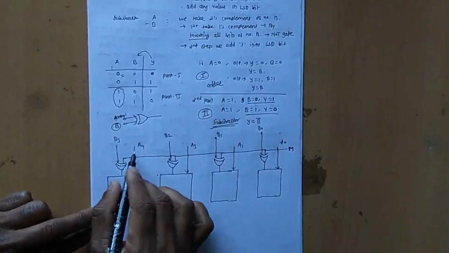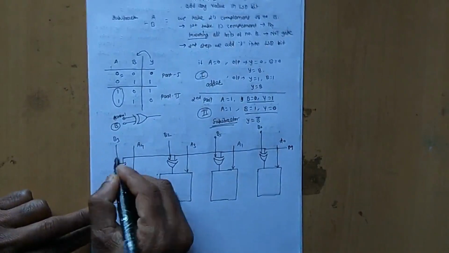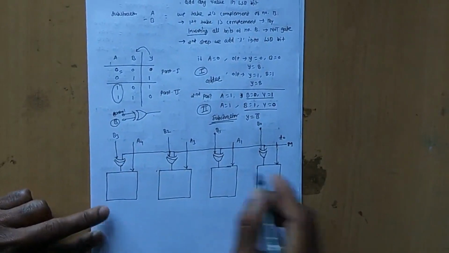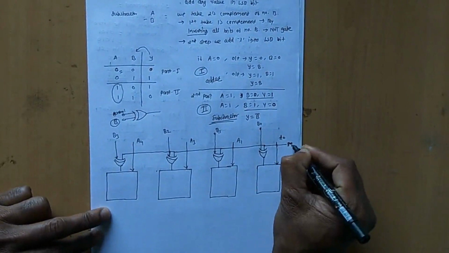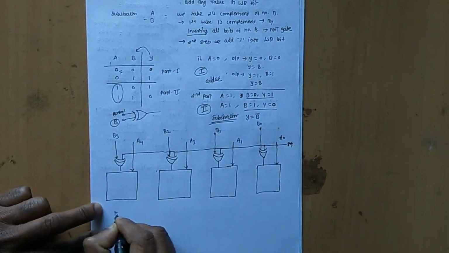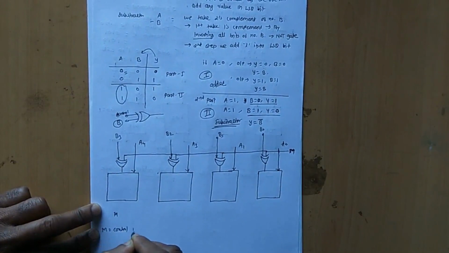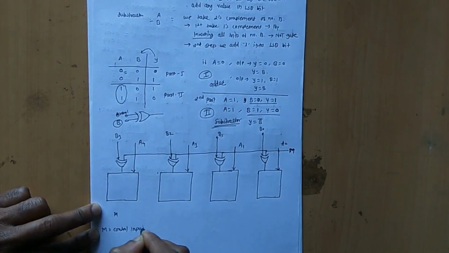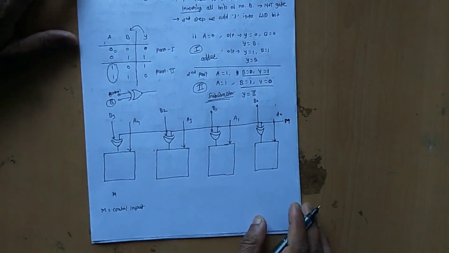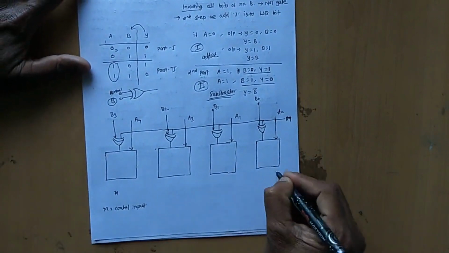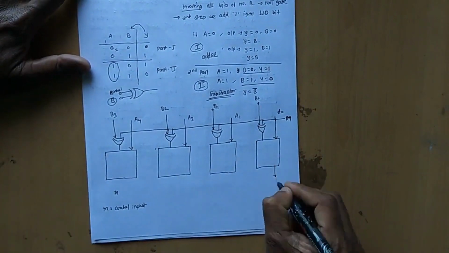In this way we also conclude for B3. So after getting this, we can assume M as a control input. What is the function of M, how it works, let's explain right now.